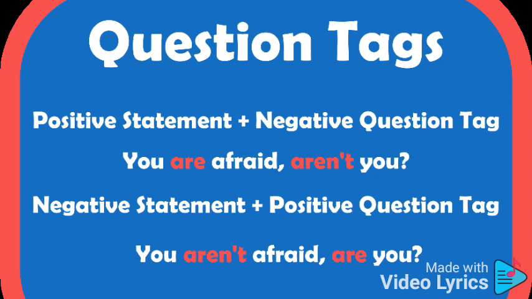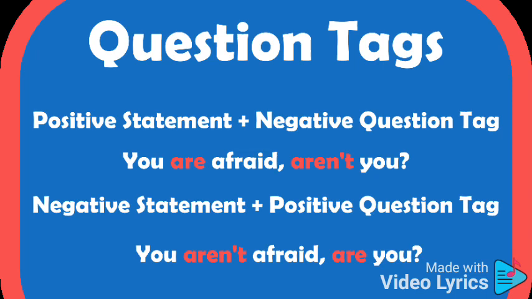For the sake of information and confirmation, we normally use question tags, but they can also be used to ask somebody to do something. The voice goes up at the end of the tag in sentences like this.